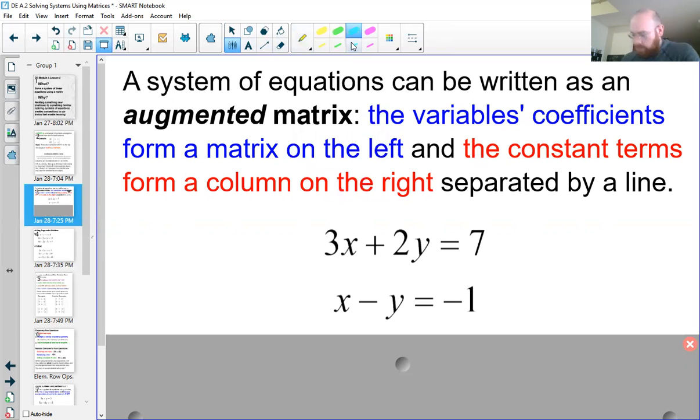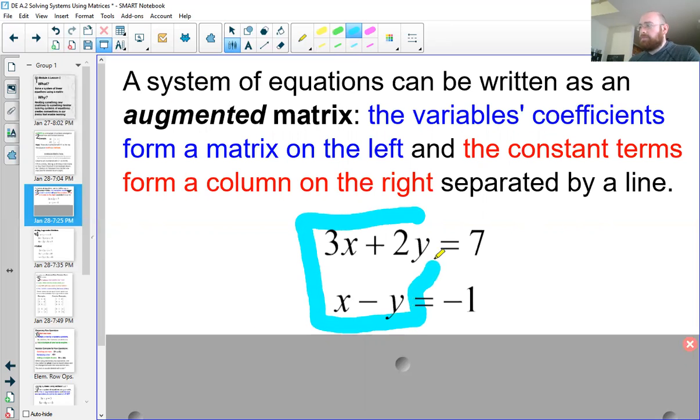So in blue, the part that turns into the matrix is over here, specifically the coefficients, the numbers in front of the variables. It's also really important that our variables are stacked on top of each other. So x's are all in one column, y's are all in another column, and so on.